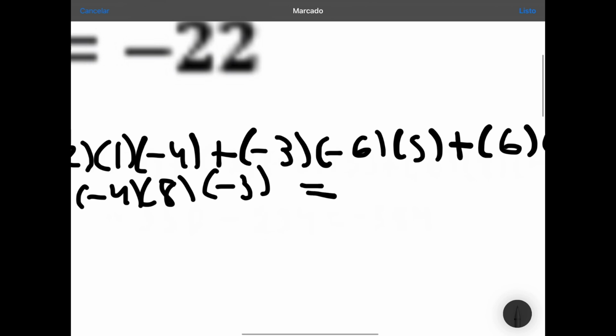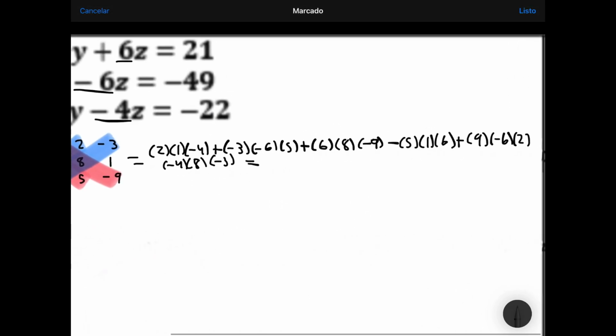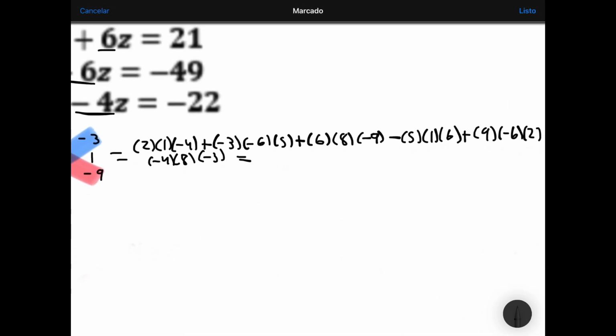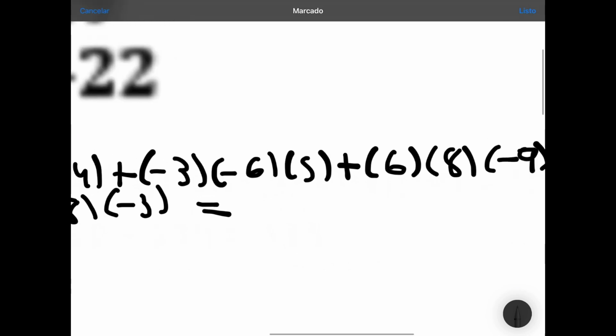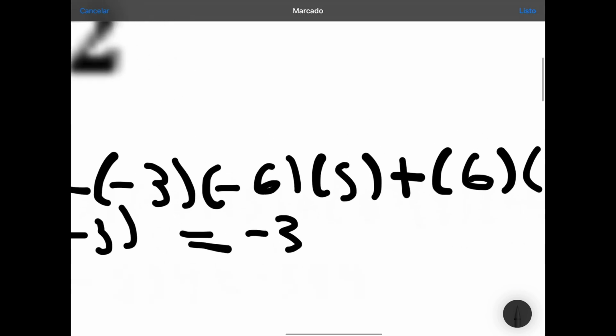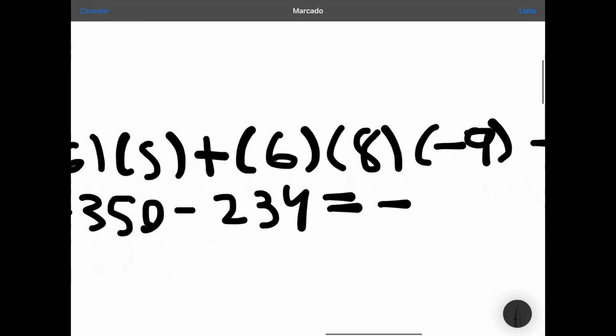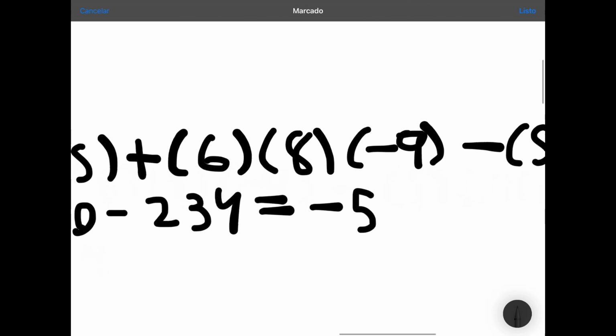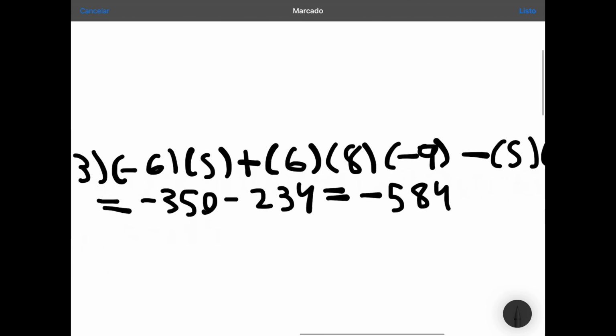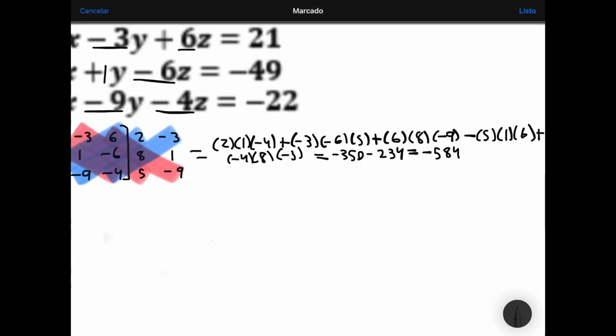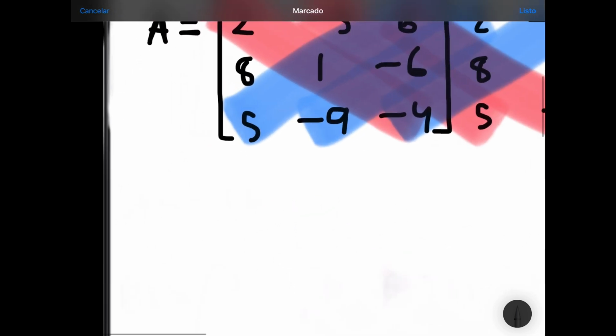So all of this, you're going to put it on your calculator, also keeping in mind the signs. And it would be minus 350 minus 234, which is equal to minus 584. So your A will be minus 584.